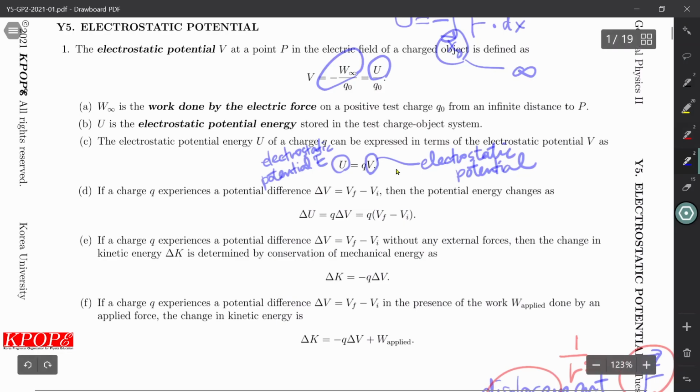So we have a scaling factor, the charge Q of the test charge. It is just like the relationship between the electrostatic force and electric field, where charge is multiplied to give the electrostatic force.